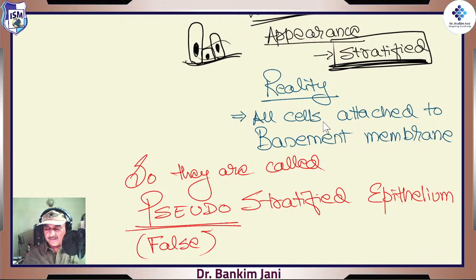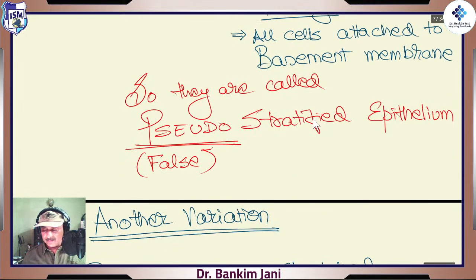So whenever it's like that, we use the word pseudo, which means false. It is not stratified, but it falsely looks like stratified, and that's why we give it the name pseudo-stratified epithelium. Got it? Also the false stratified epithelium. As such, they are not.